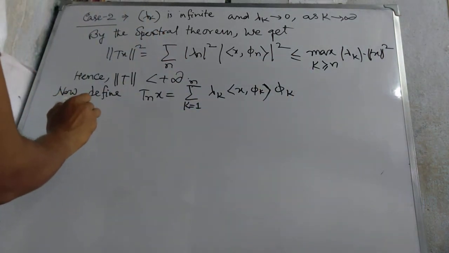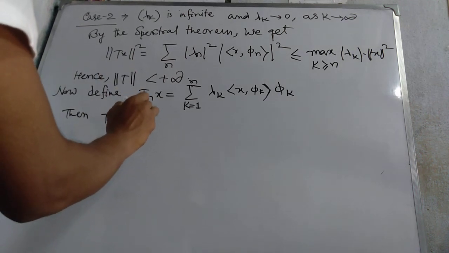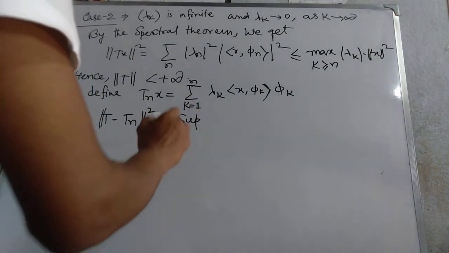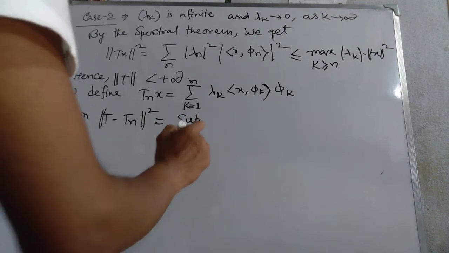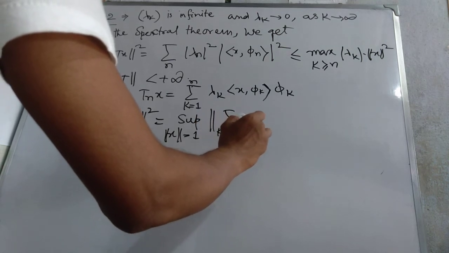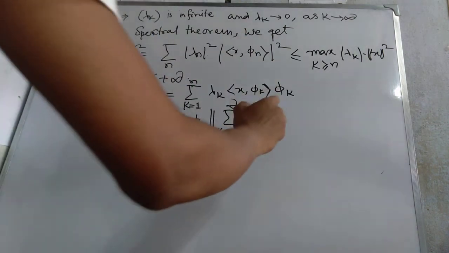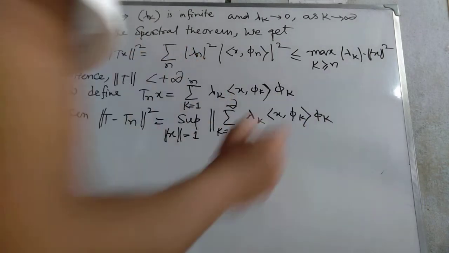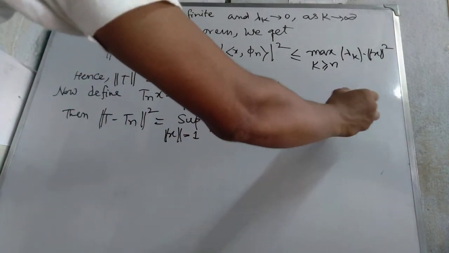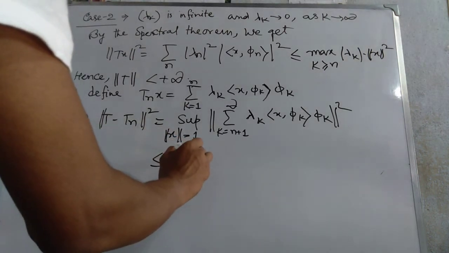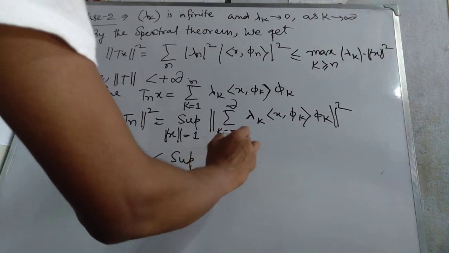Then norm of T minus Tn, squared, equals the supremum over norm x equal to 1 of the norm of summation k equal to n plus 1 to infinity of lambda k inner product of x with phi k times phi k, squared. Then this is less than or equal to the supremum of lambda k squared.